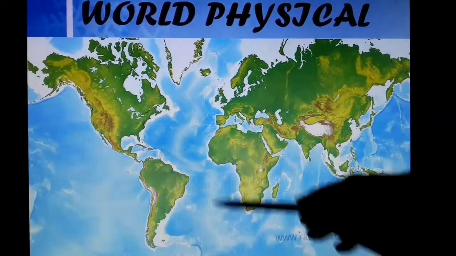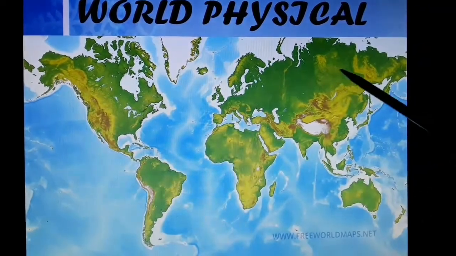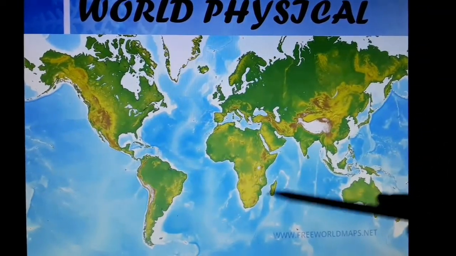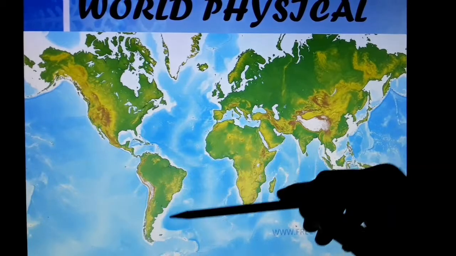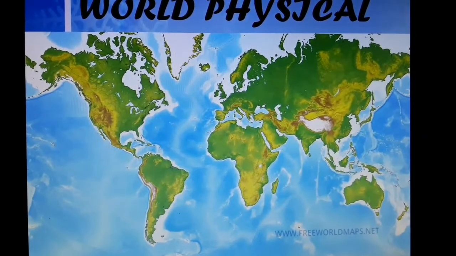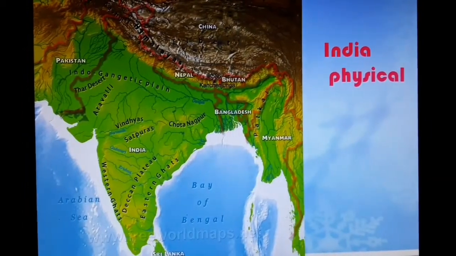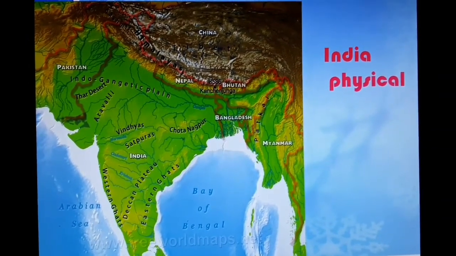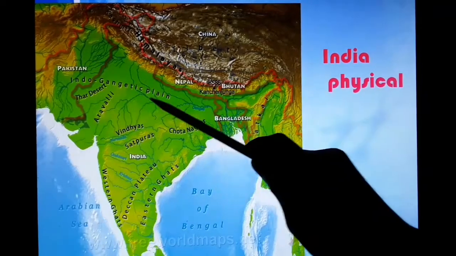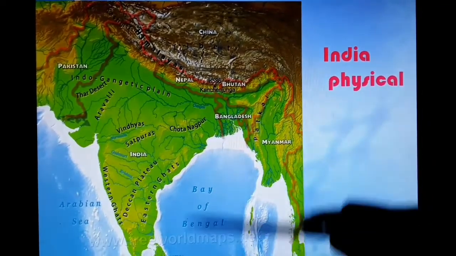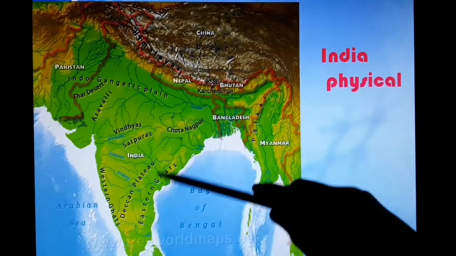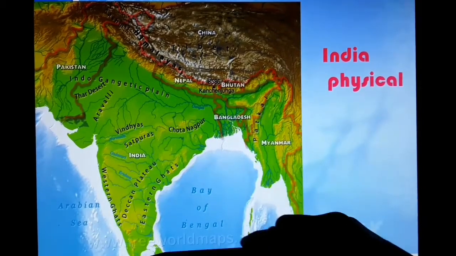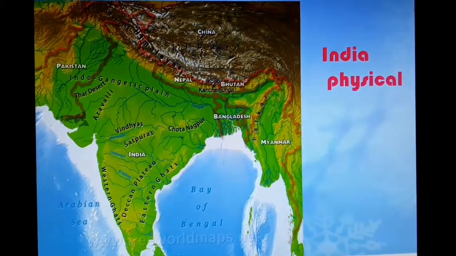This blue part is water, this green part is land, then this brown part is mountains. See, this is the physical map of India, showing the mountains, then the rivers, plains, plateaus, then the coastline and so on.